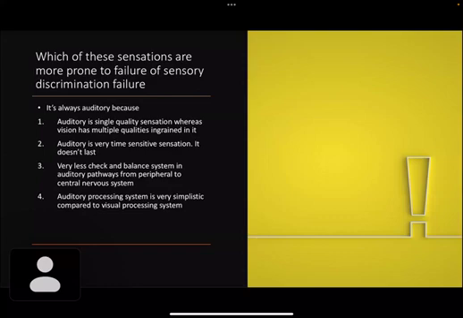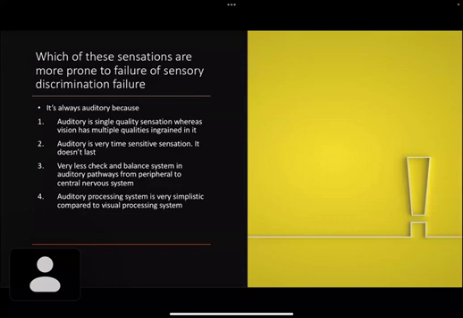In vision, color, depth, hue, various things are there to define a visual perception. Then auditory is a very time sensitive sensation. It doesn't last. Any visual sensation actually keeps a lasting impression in our macula.